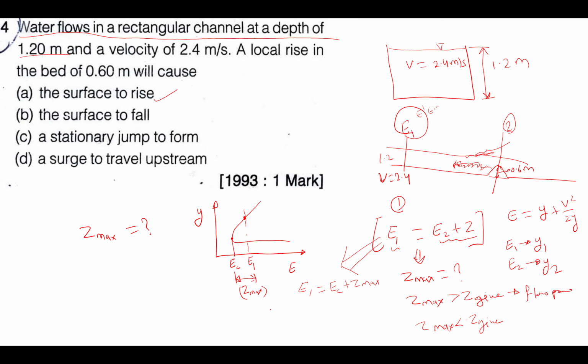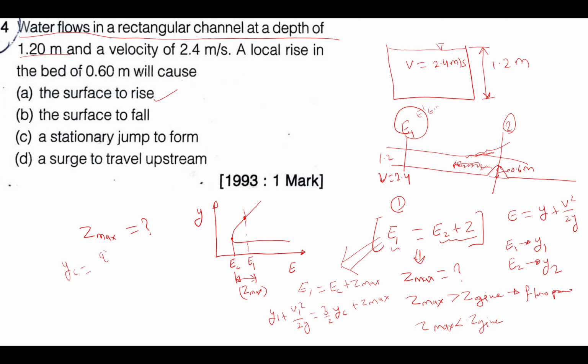So what is Y1 plus V1 square by 2g equal to 3 by 2 YC? You already know the formula, Z max. So what will be the value of YC?